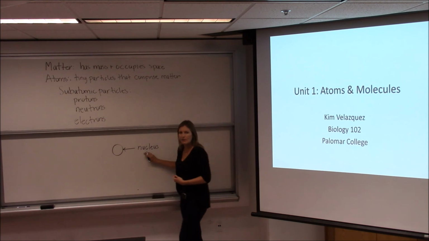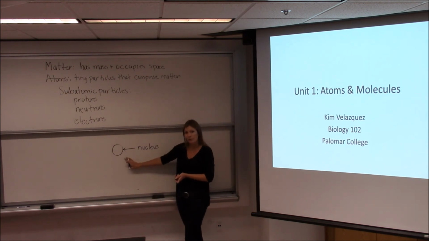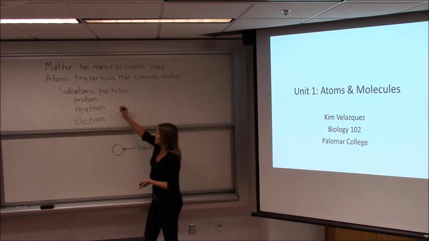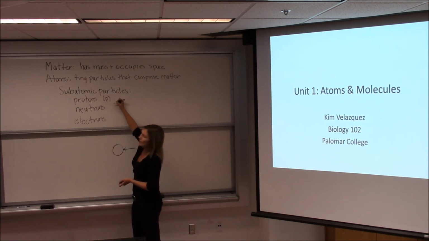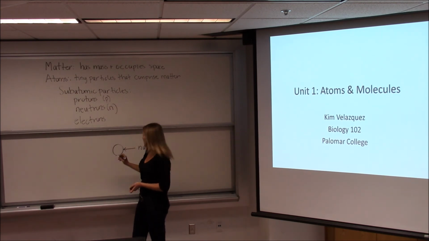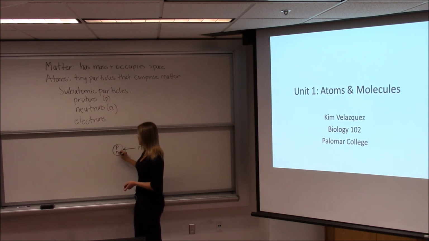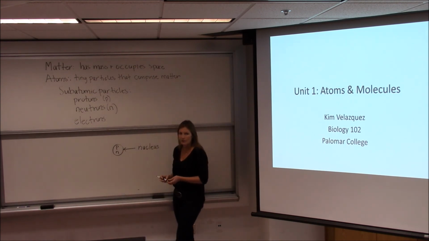Just as your cell has a nucleus, the atom has a region called the nucleus. And in this nucleus are 2 of the 3 subatomic particles, namely the protons, which I'll represent as a small letter P, and the neutrons, which I'll represent with a small letter N. So protons and neutrons are located here in the nucleus.